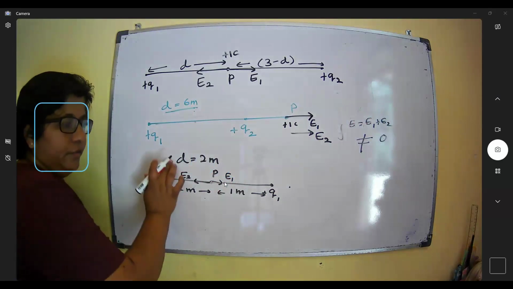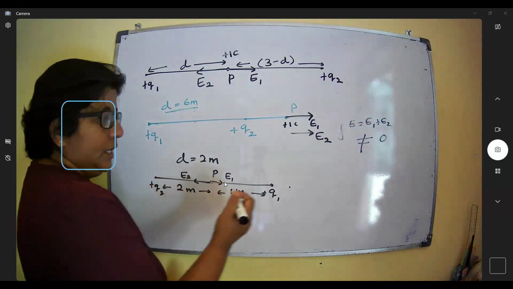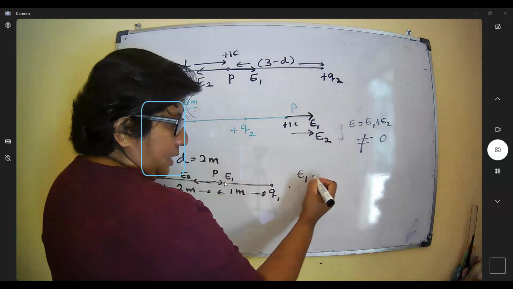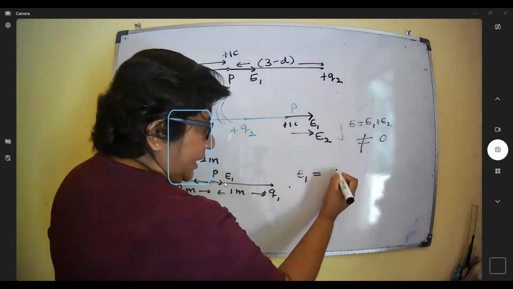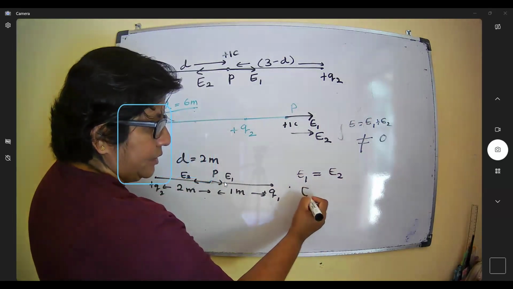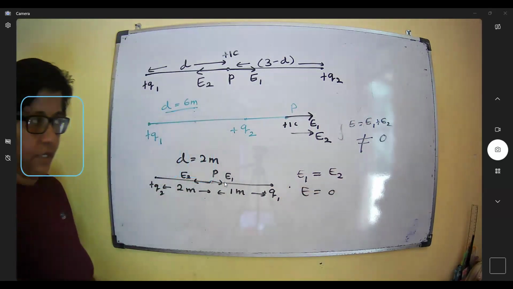But in this one, if D is equal to 2 meter, then E1 minus E2 is the value, then E1 can be equal E2. Then electric field can be equal 0, right?